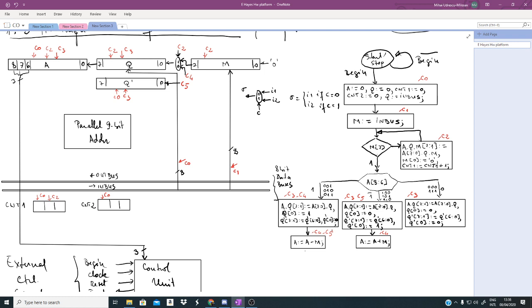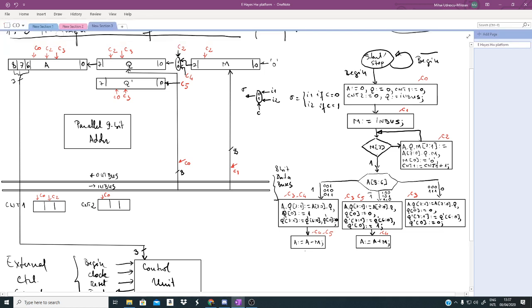So we need multiplexers here as well. Sometimes I use the adder for adding M to A. Sometimes I need to use the adder to make additions, subtractions between Q and Q prime. So I'll do something like this.